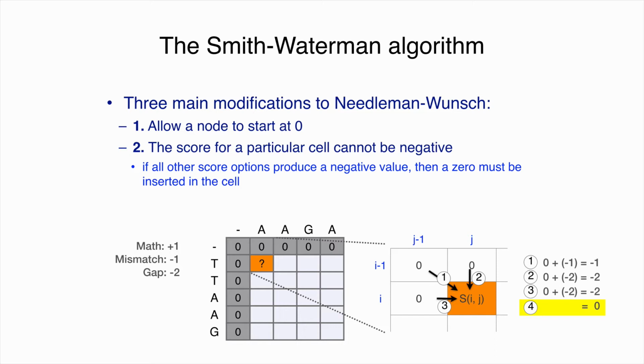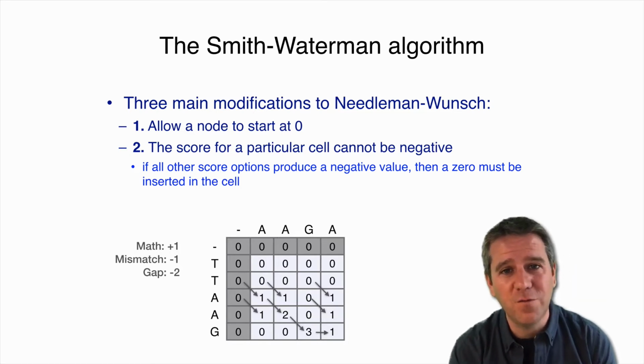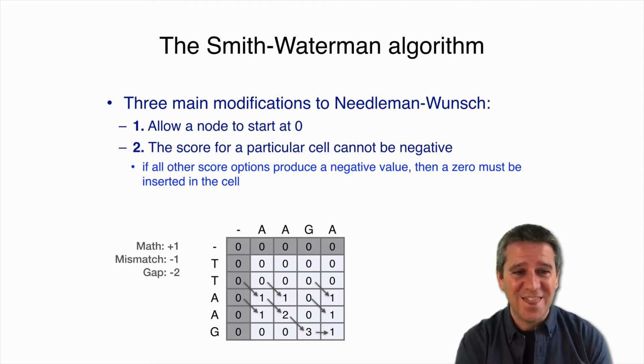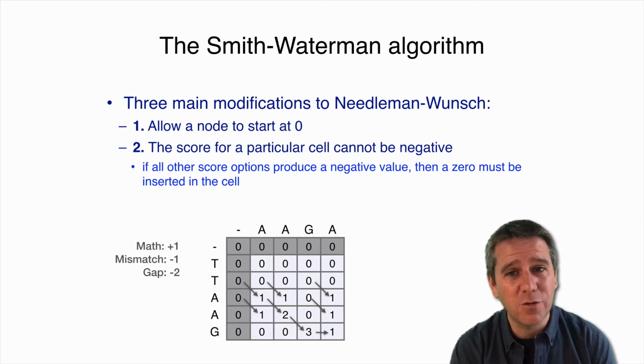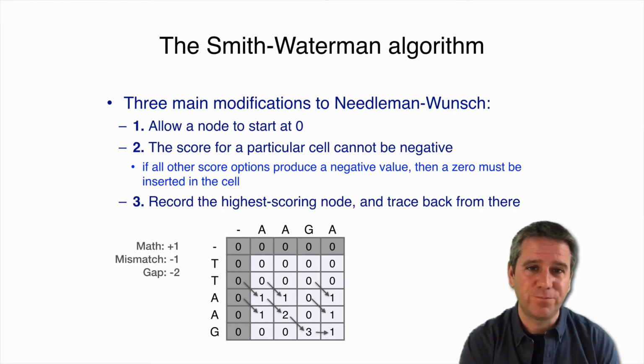They're all below 0, so we stick a 0 in that box. And we go through in the same fashion until finally we've finished filling in the entire matrix here, keeping the pointers or our arrows or directions where we had them, where we didn't use these 0 values, for example.